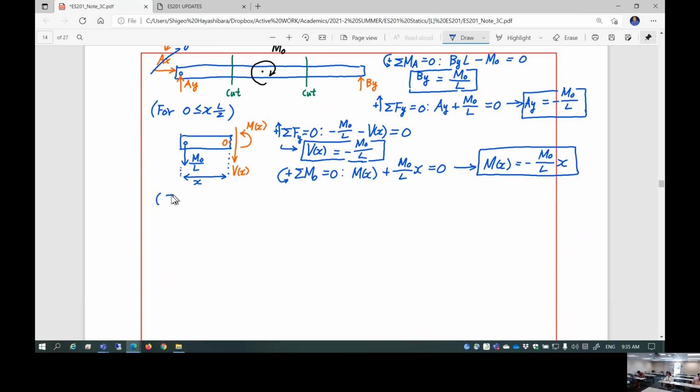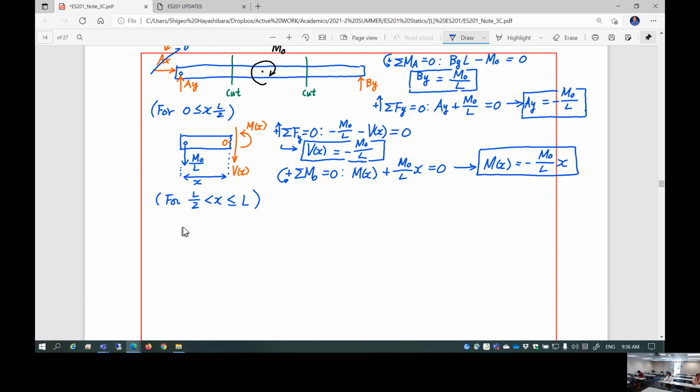Actually, it's just more than half L, because this range includes the half L. So half L to L, that's the range.